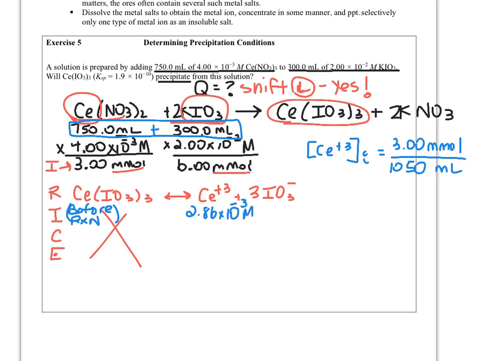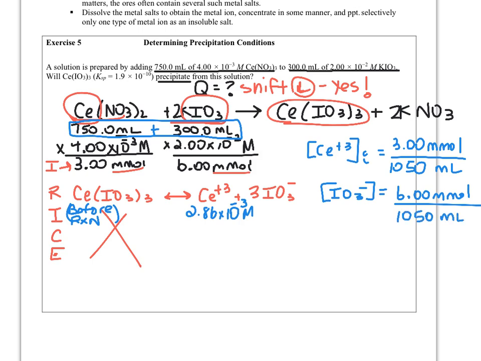I do the same thing to calculate my concentration of iodate ions that I initially had. In that case, I had 6 millimoles, but still out of that 1,050 milliliter solution.